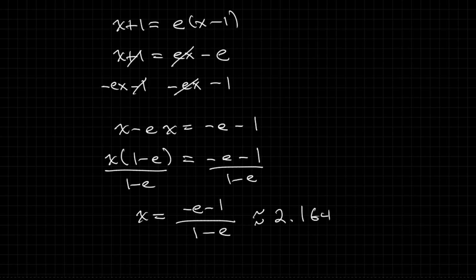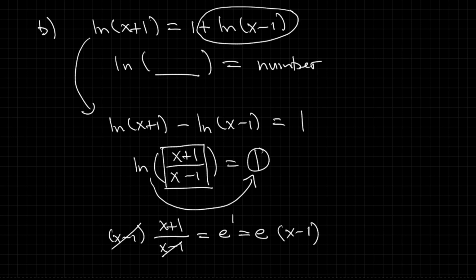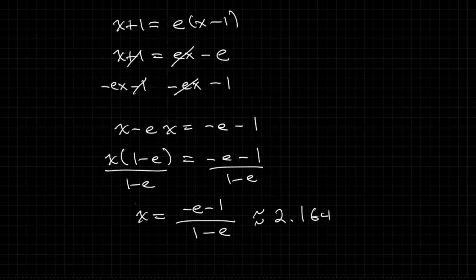And if I look back at the original equation, if I put x equals 2.164 here, then I will get a positive number when I add 1 to it. And when I do 2.164 minus 1, again, I get a positive number. So I'm taking logarithms of positive numbers everywhere, and so I will claim this to be the only solution.